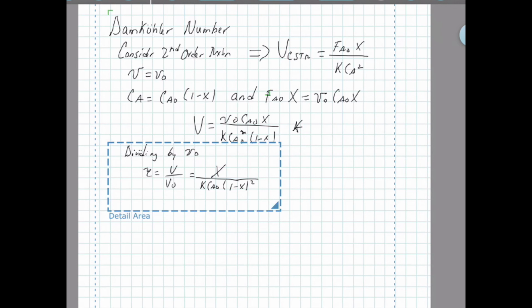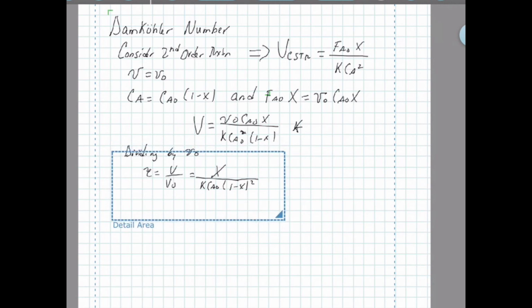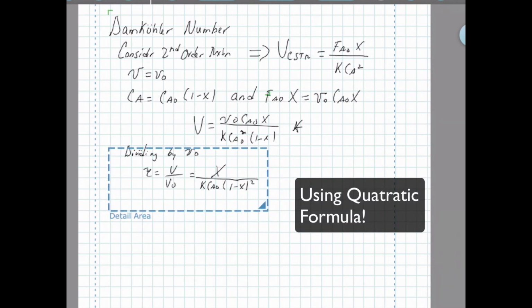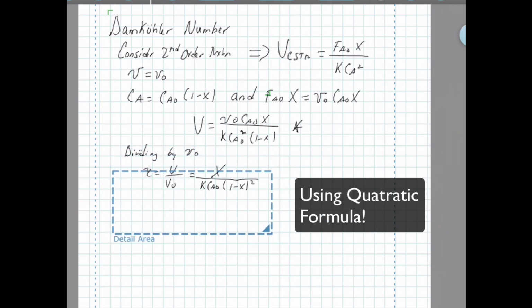Dividing the above equation by the volumetric flow rate, we can get the characteristic time. Here we have a relationship between tau and the conversion. However, we have to simplify this equation and solve for x. I'm not going to do the math; this is simple algebra.